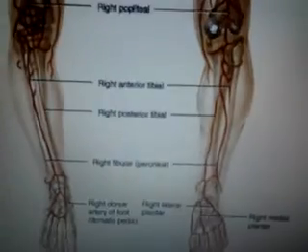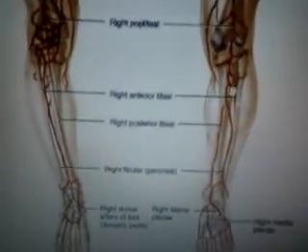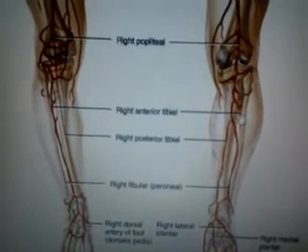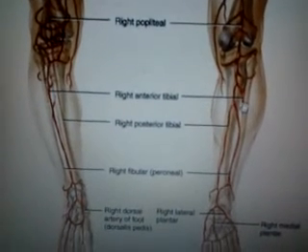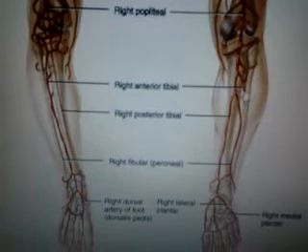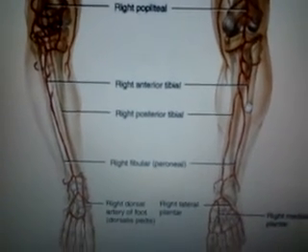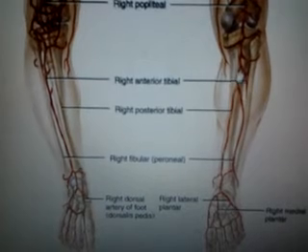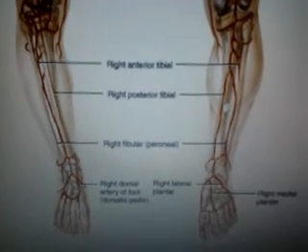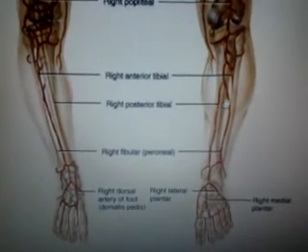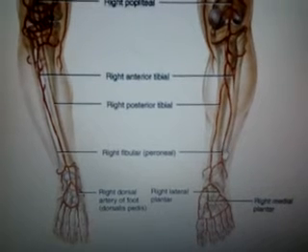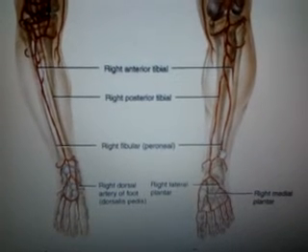on the posterior side, here we see where the anterior artery has pierced the interosseous membrane to go back onto the anterior surface. The posterior tibial artery here gives off a branch known as the fibular, or peroneal, artery.